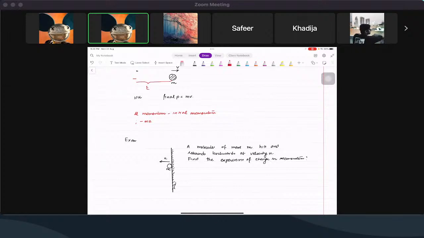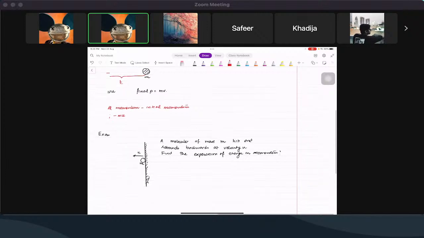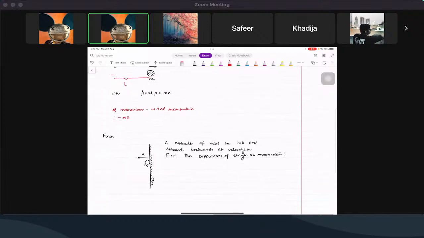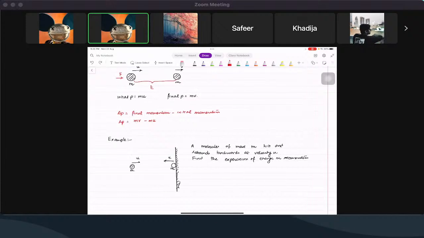So the thing is that because it is a vector quantity, if I take this side as negative, I have to take this side as positive. Do you understand? Which means this would be negative, this would be positive.